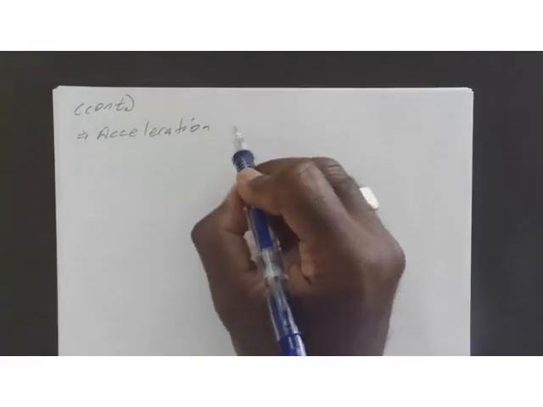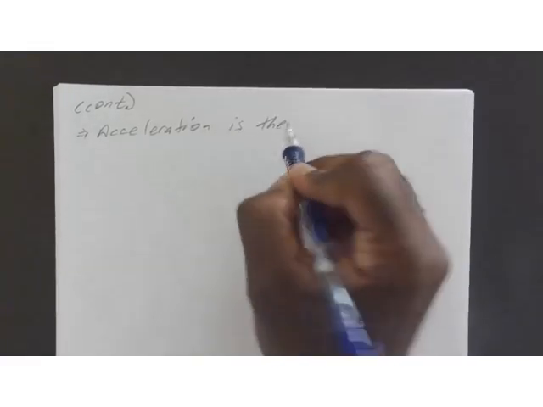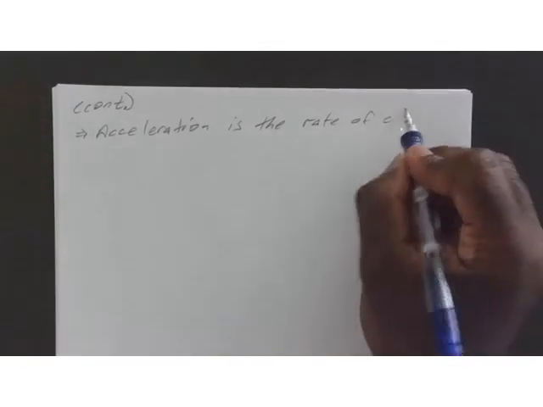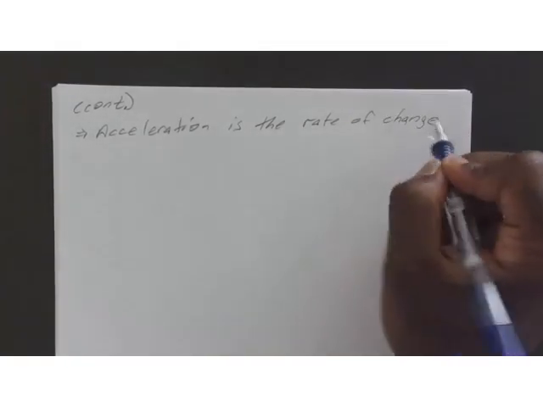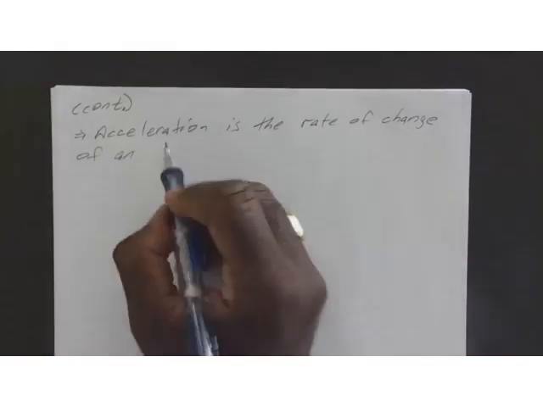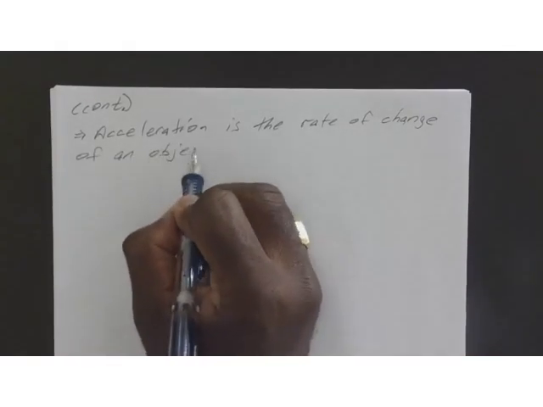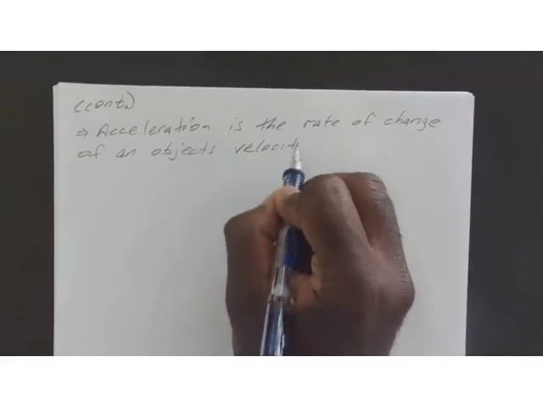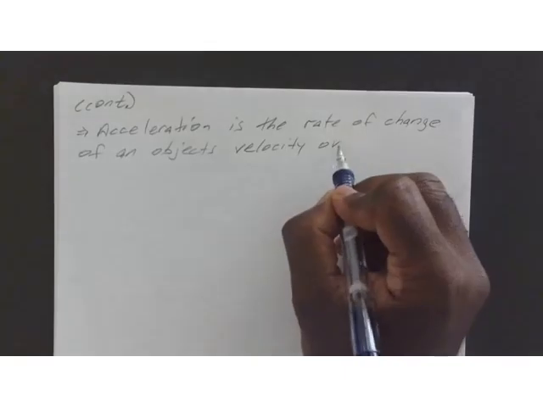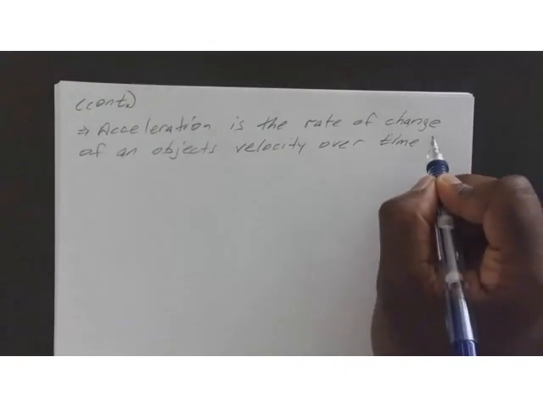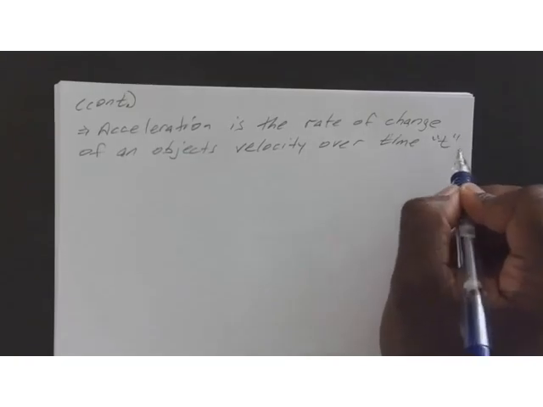So acceleration is the rate of change of an object's velocity over a time that we will denote by t.